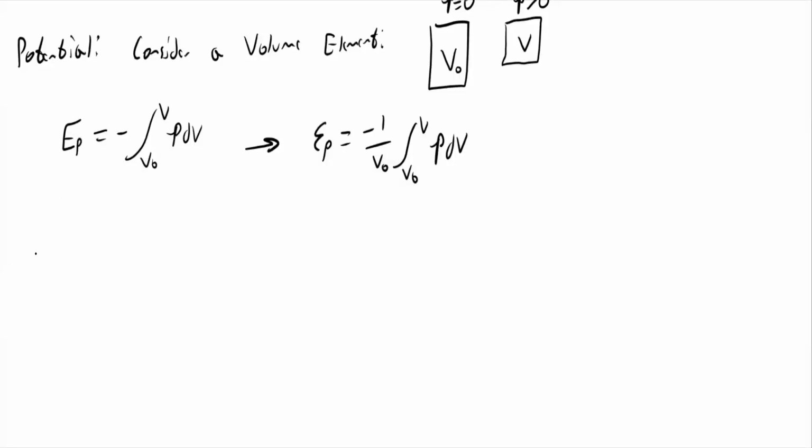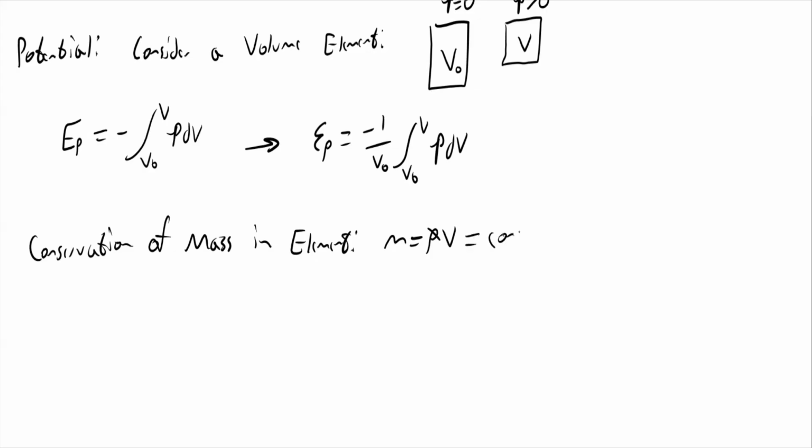To proceed, let's consider the conservation of mass in this element. Well, there's no flow of mass in and out of the element, and so the mass, which we know is rho times V, is constant. We can rearrange this equation to say that the volume is mass over rho, so mass over density.